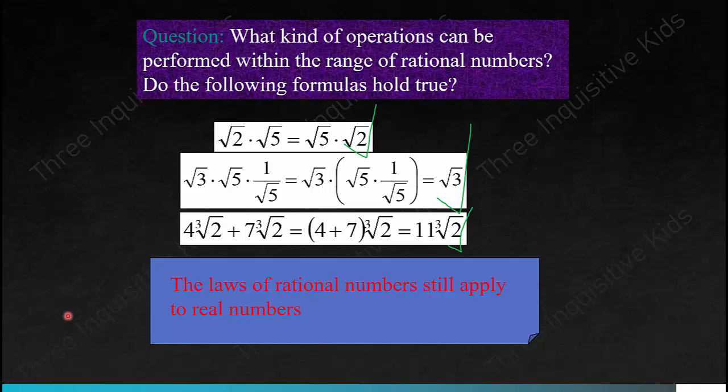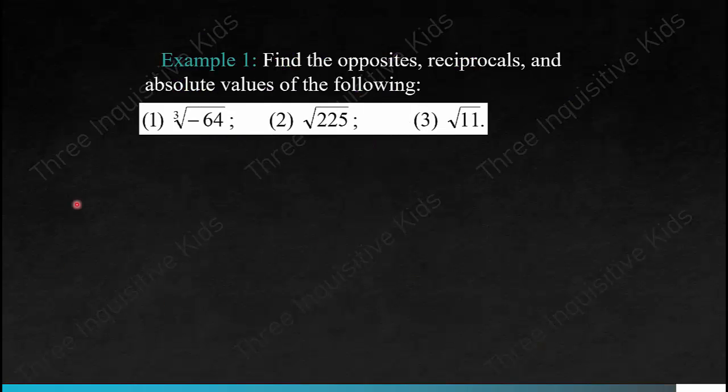What is important is that we're starting to use this with radicals now, and in the next 3 lessons, which are going to be the last 3 lessons of this chapter, we will be focusing on how to simplify radical expressions, and these are all good things to keep in mind when you're doing that. So yeah, we're going to be adding another set of numbers, irrational numbers. Example 1. Find the opposites, reciprocals, and absolute values of the following.